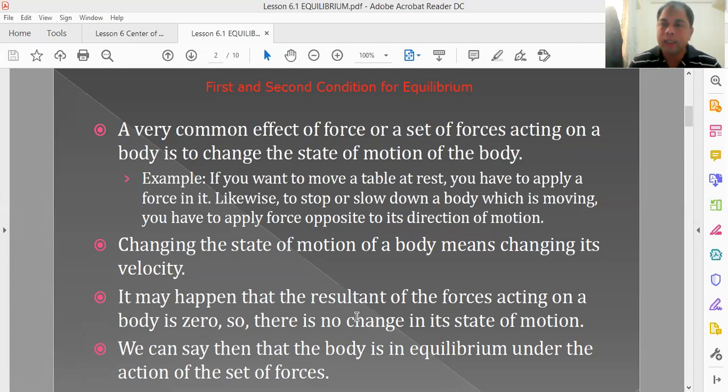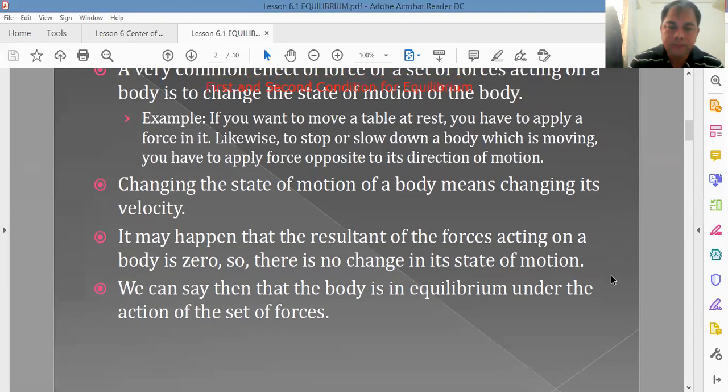Therefore, my body will remain in the same state, at rest. Again, that's one example of equilibrium. So when the forces happen to add up to zero, we can say that the body is in equilibrium under the action of the set of forces.